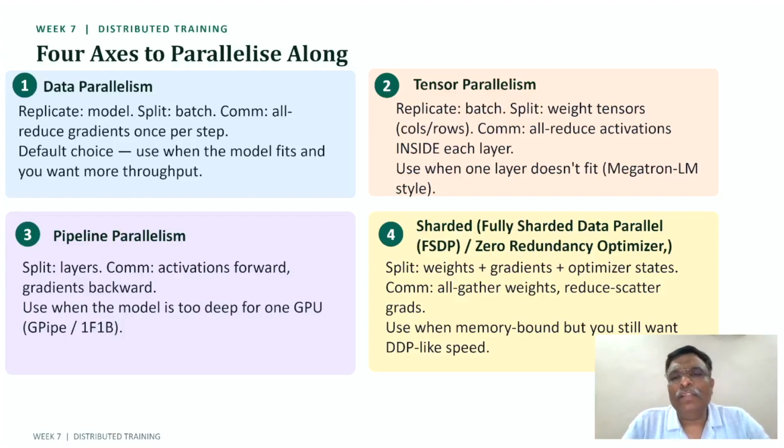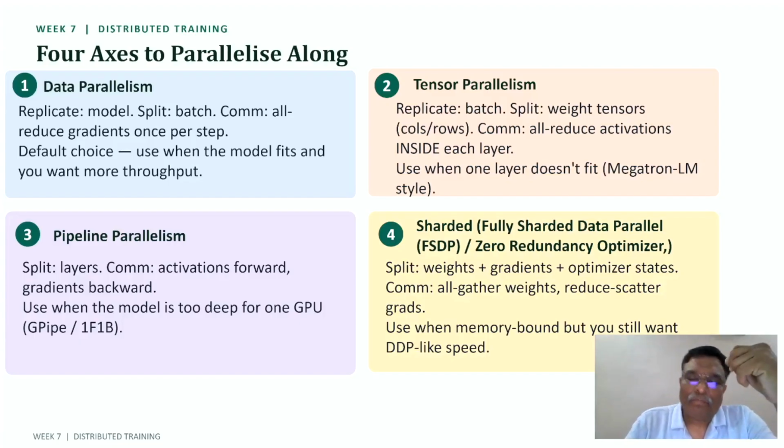Not going into the details of them, but the basic idea here is that we are talking of a lot of memory bound applications, but we want to execute faster, okay, to achieve data parallelism and execution at a faster rate.